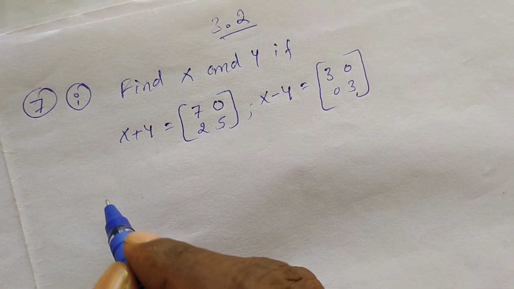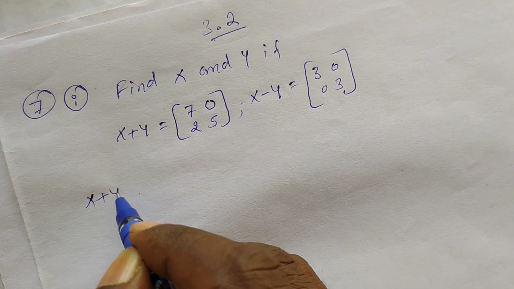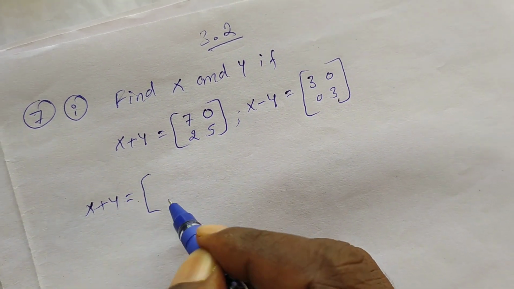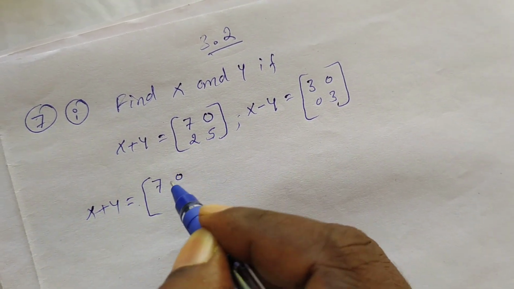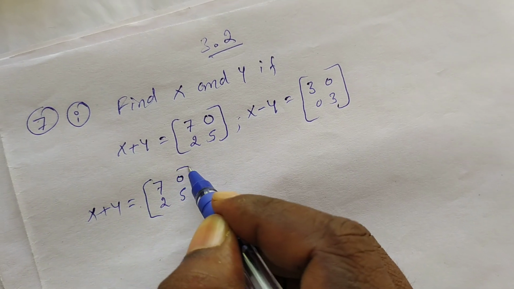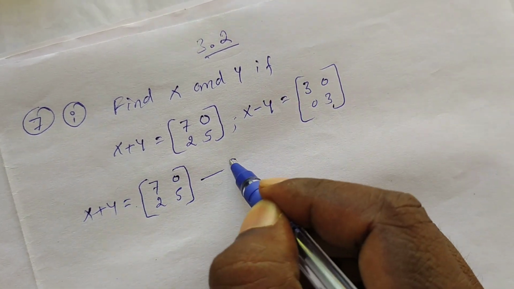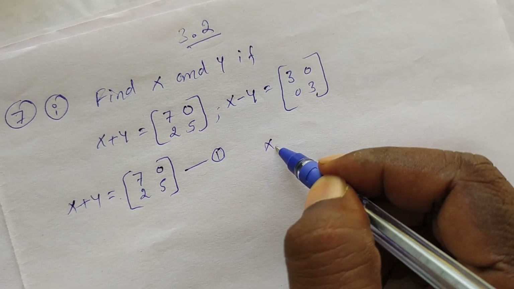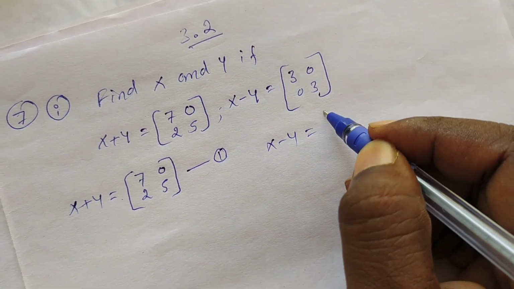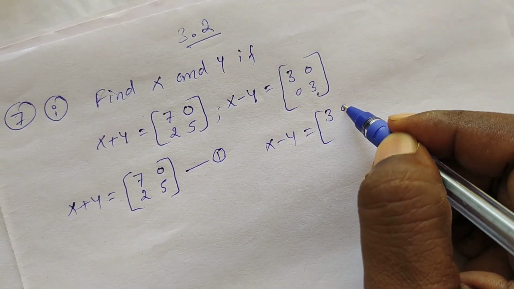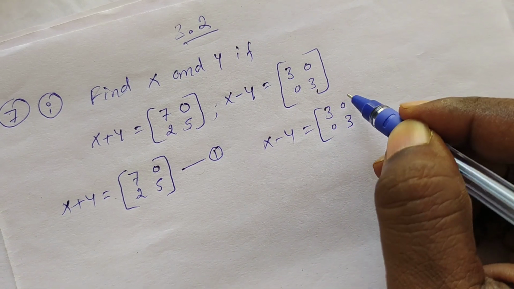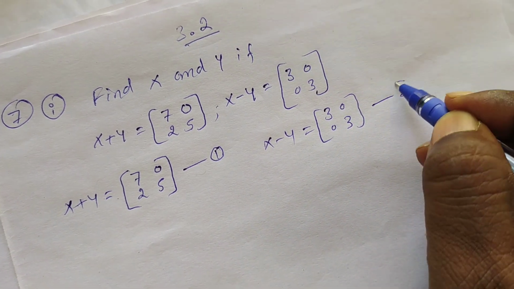So call it equation number 1, X plus Y is equal to 7025, and equation number 2, X minus Y is equal to 3003.